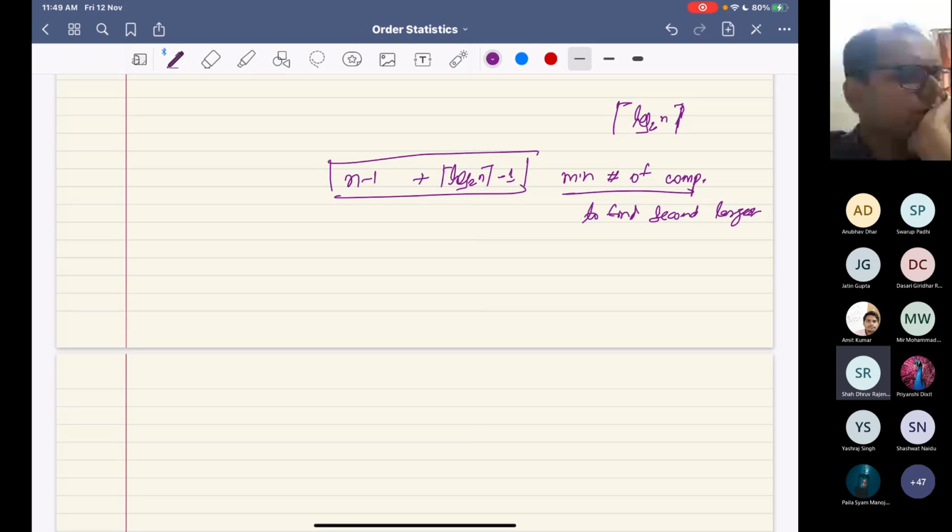No, that's exactly what we have done here. But sir, why can't there be another way by which you can find the second max? Why can't you directly find the second best without finding the best? So that is not possible.